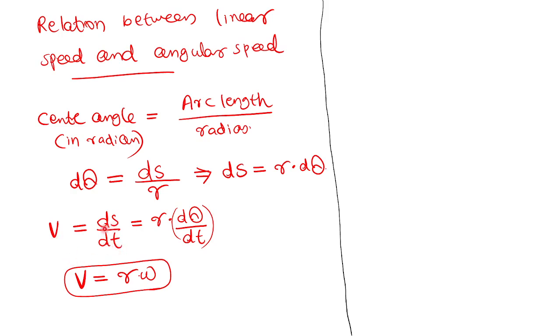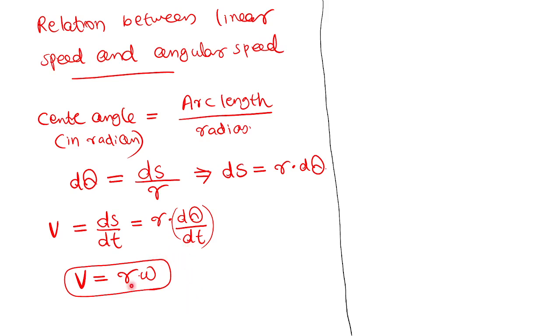In this formula, right now I got ds equal to r d theta. So this ds is simply replaced by r d theta. Understood? So r into d theta by dt.